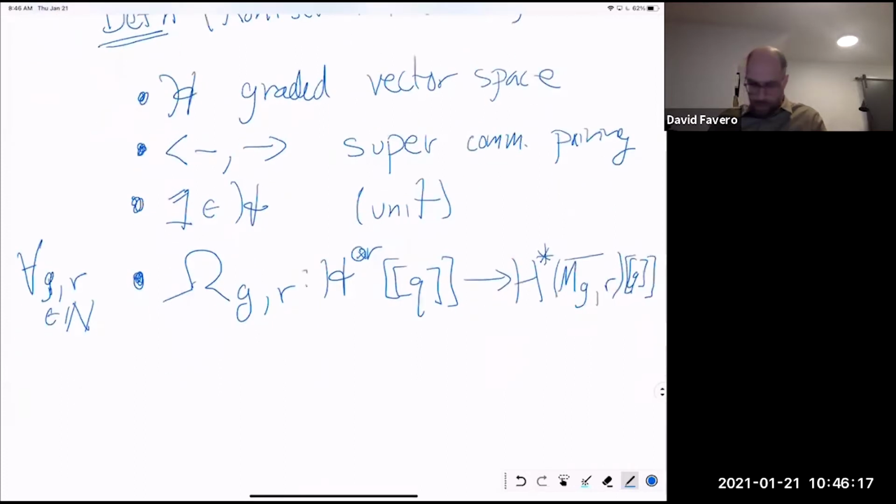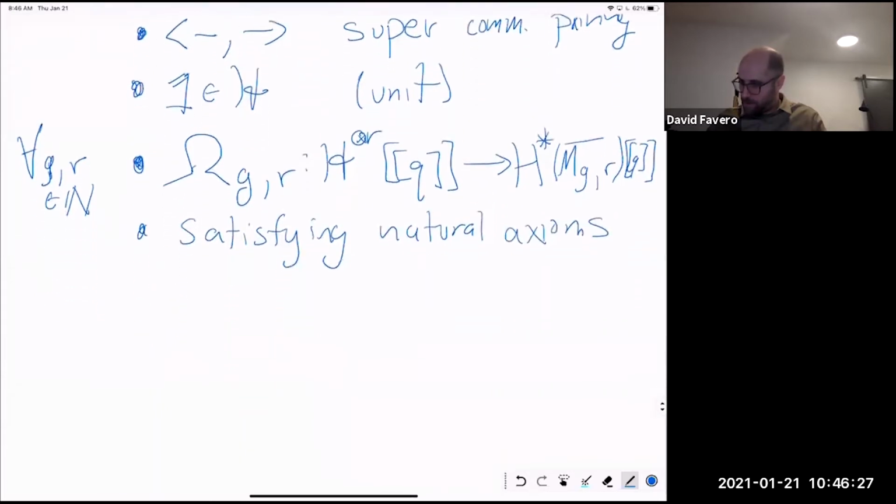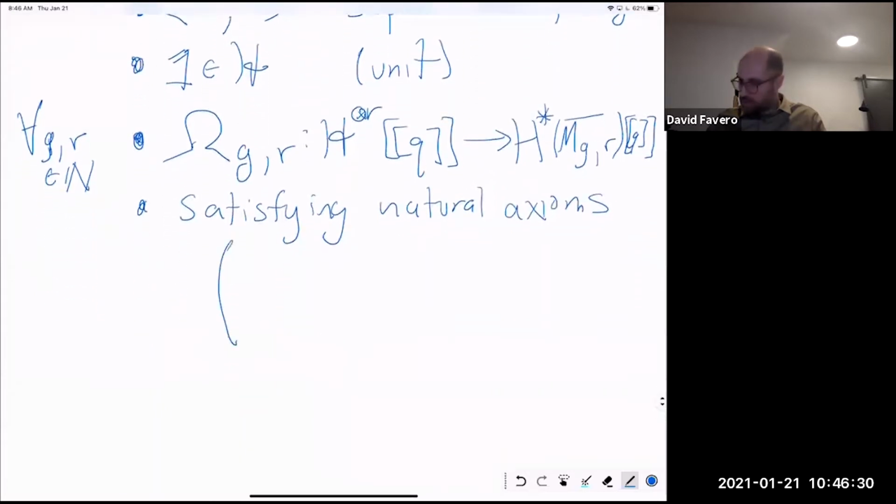Okay, and then I'm just going to say satisfying natural axioms, parentheses, permutation invariance.